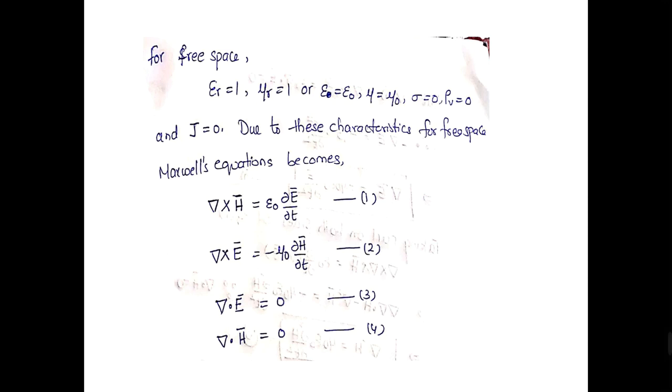Here, for free space, the relative permittivity and permeability are equal to 1, permittivity of the medium will be equal to free space permittivity, permeability will be equal to free space permeability, and conductivity is 0, charge density is 0, and the current density is also 0.